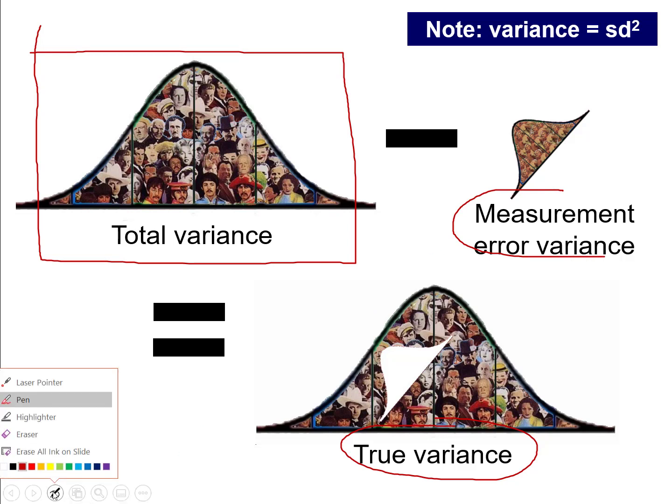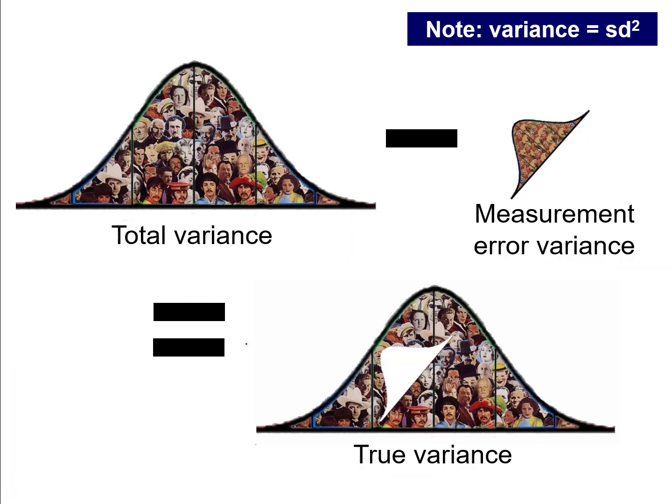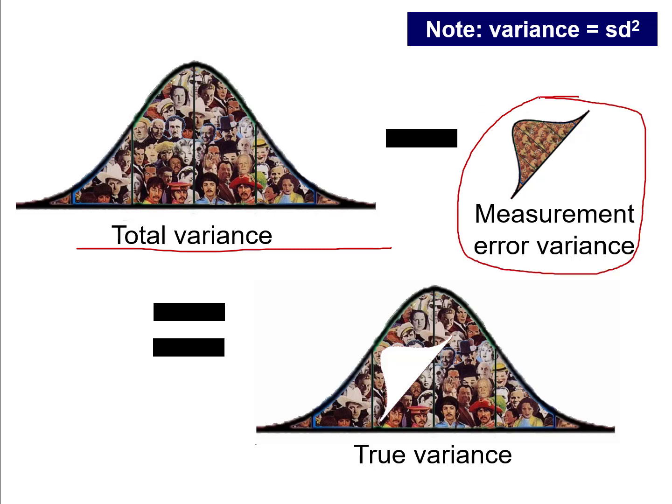And those two things added together: if I take total variance and subtract out from it the amount of differences caused by measurement error, that's going to equal true score variance. Or I could say it this way: true score variance plus measurement error variance equals total variance, or total variance minus true score variance equals measurement error variance.